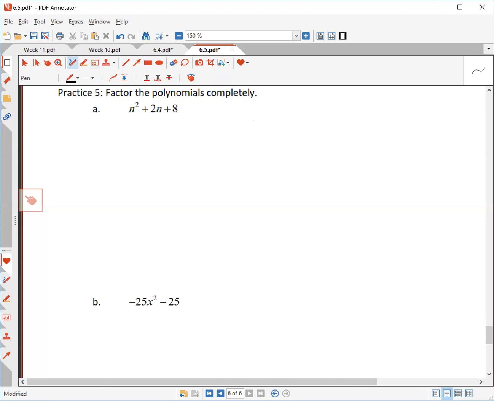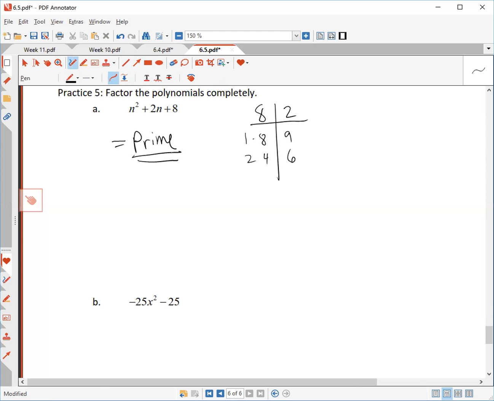So you work on this one by saying the product of two numbers, that's 8, that adds to 2. And so you go through your list. 1 times 8 adds to 9. 2 times 4 is 8, but that adds to 6. There's nothing else to try. So if nothing gives us 2, then the answer is prime.